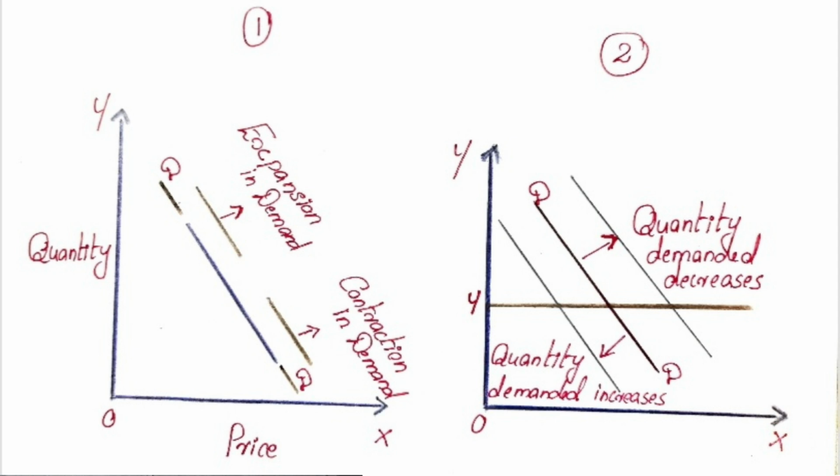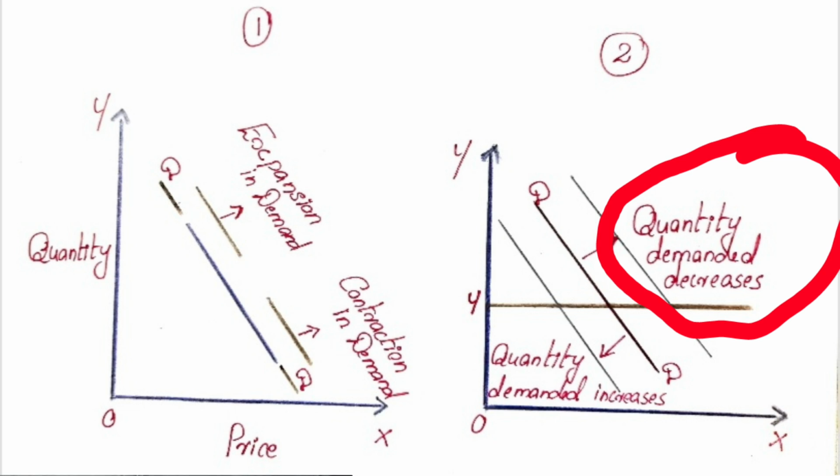While shifted to the right side, the arrow expresses that quantity demanded decreases. Is it right? No. When there is a shift towards the right side, it shows that quantity demanded increases.